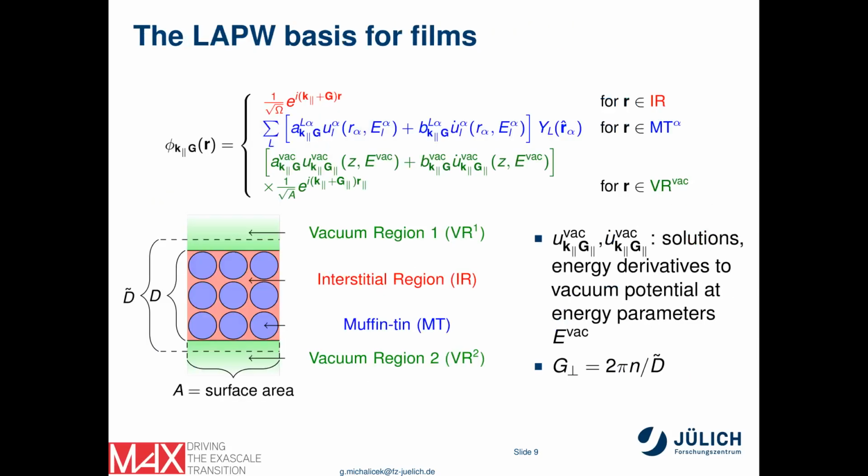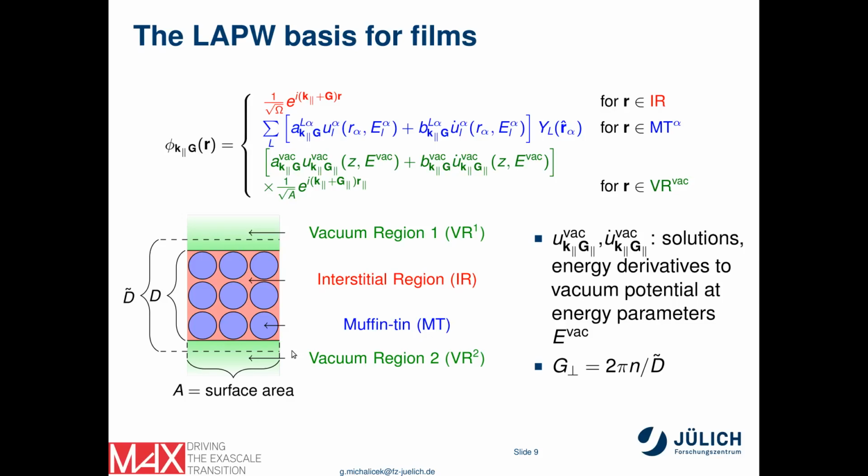So there is another extension to the LAPW basis, and this is not an extension in terms of additional basis functions, but we can also cover different geometries, for example film setups. And film setups are two-dimensional, but we have a certain thickness of the film, and above and below the film we have vacuum regions.